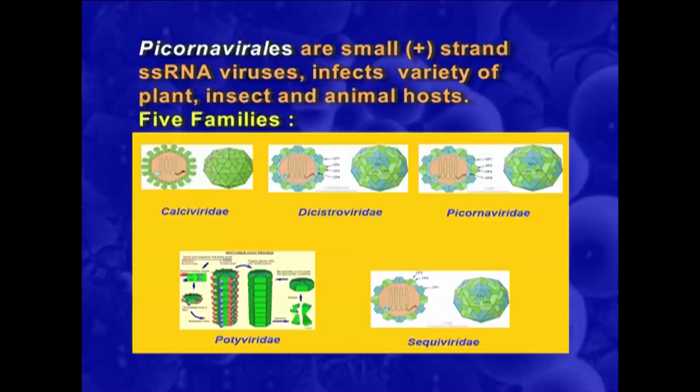Next, we will be discussing the Picornavirales order. Picornavirales order comprises small single-stranded RNA viruses that infect a variety of plant, insect and animal hosts. So, here we can see different families are clubbed together which can infect a wide range of hosts. Here we have 5 families, namely Caliciviridae, Dicistroviridae, Picornaviridae, Sequiviridae and Potyviridae.